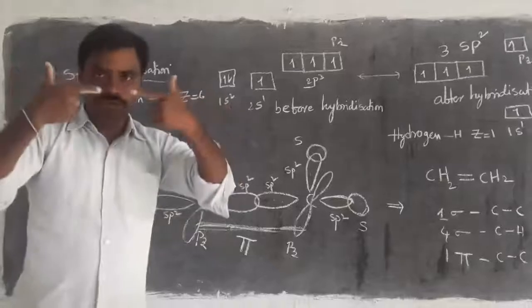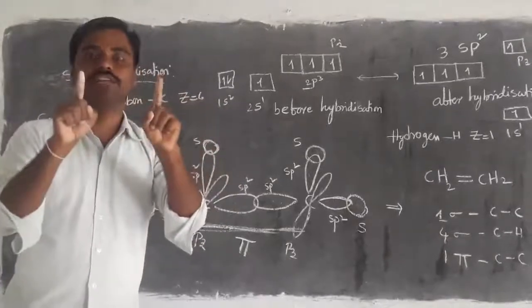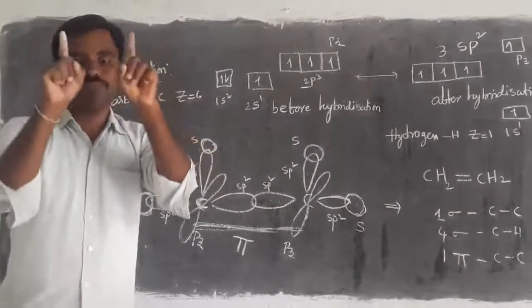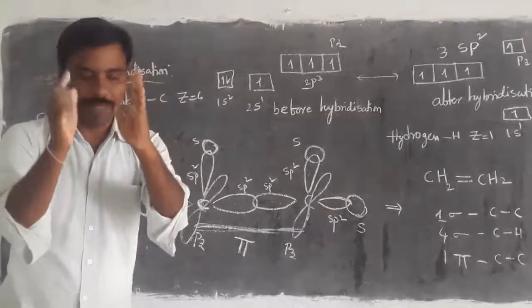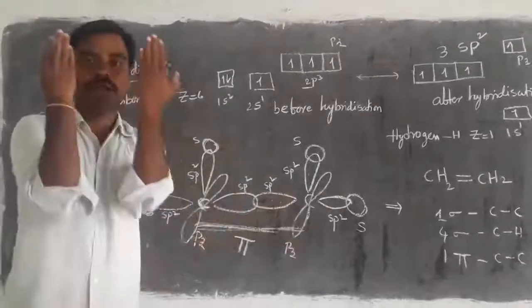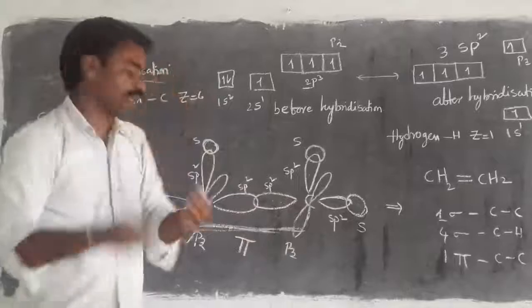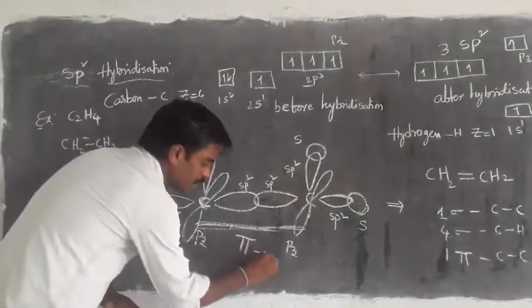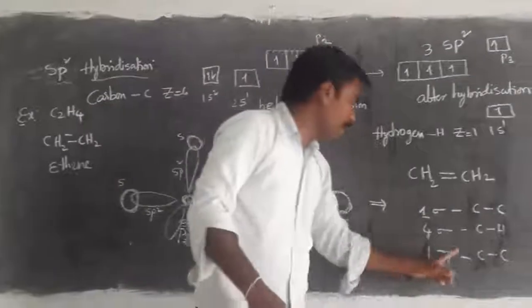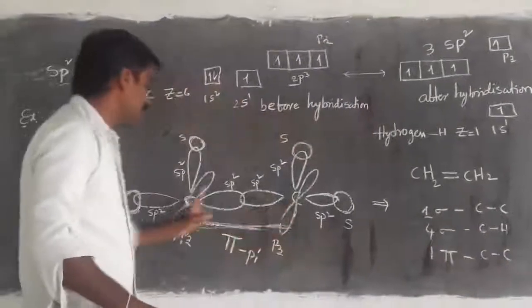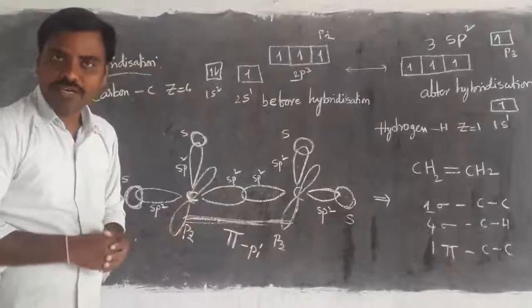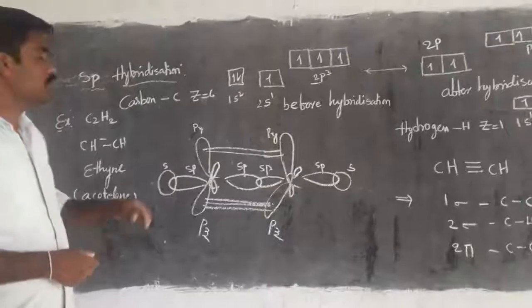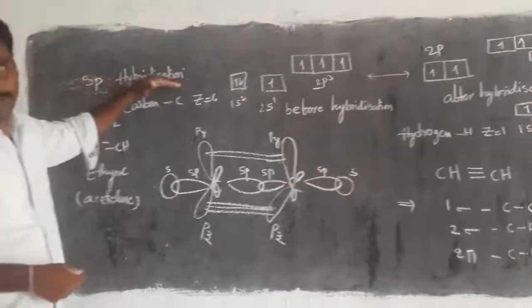That means there is no direct end to end overlapping, only side to side overlapping. See, side to side, the two are parallel. Such attraction can form only a pi bond. So the pi bond is between the carbon and carbon atoms. Right, children? Understood? Now we are going to discuss sp hybridization.